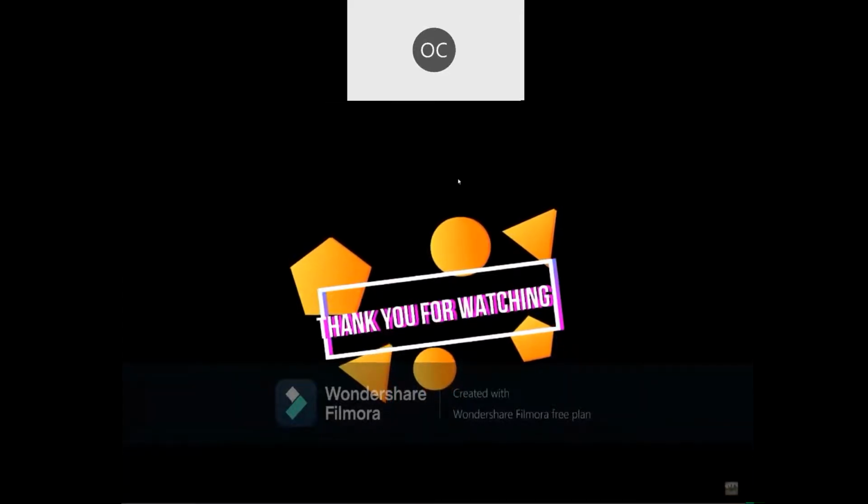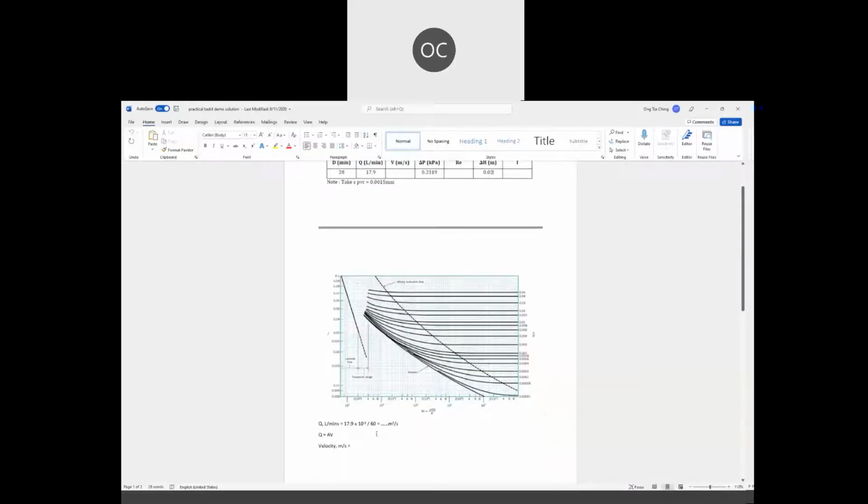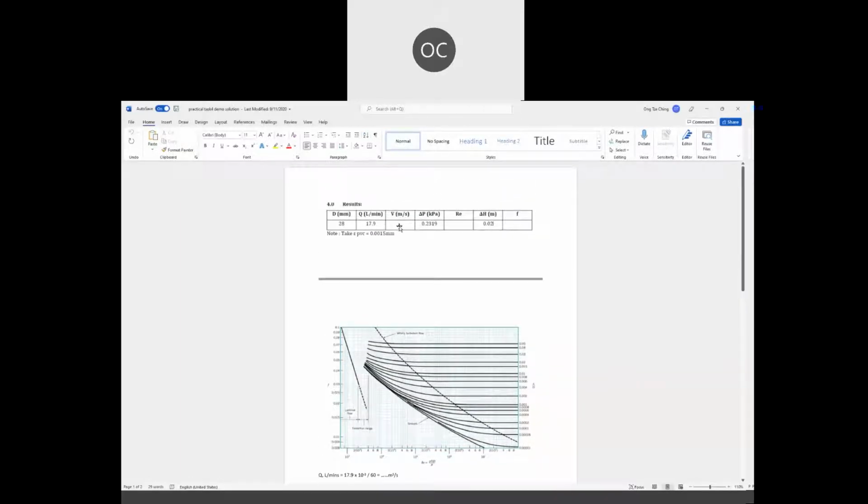Okay, so you need to fill in this table. As usual, they give you the flow rate. Then you need to obtain the velocity using the diameter given here. The diameter of the PVC pipe will be 28 millimeters.